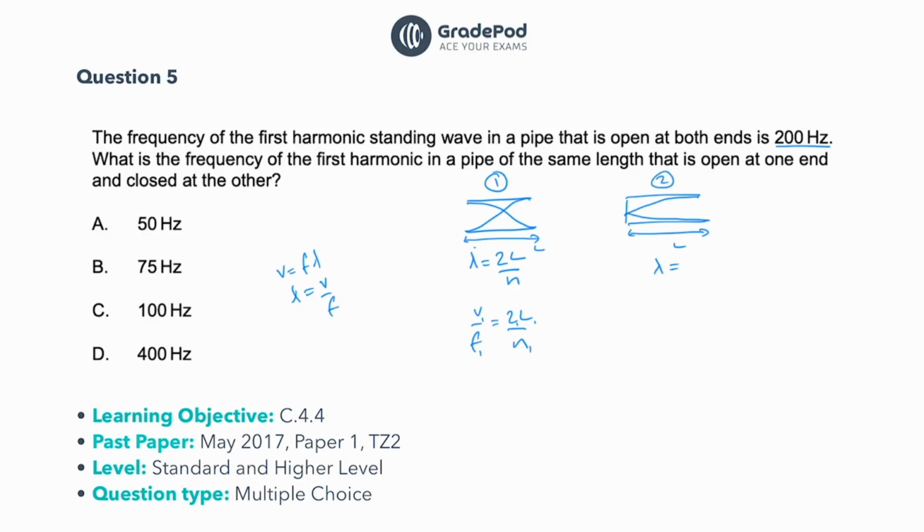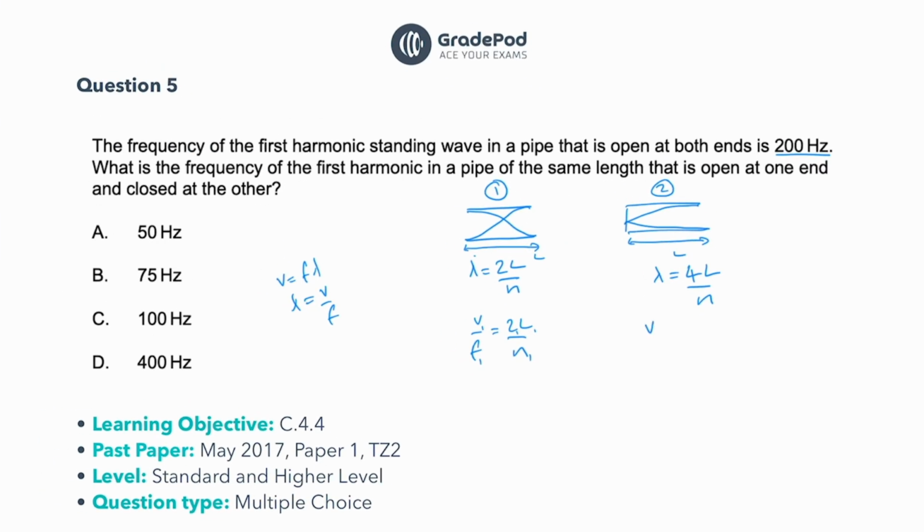Remember from the first tutorial I told you to write this down when you see an open and a closed end. We're going to do the same. We don't have frequency, so we're going to do v2 over f2 equals 4L2 over n2. Right.